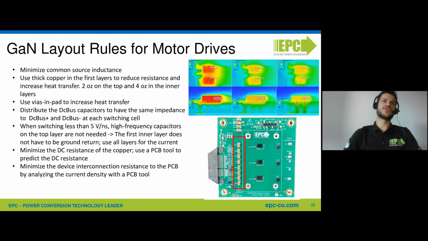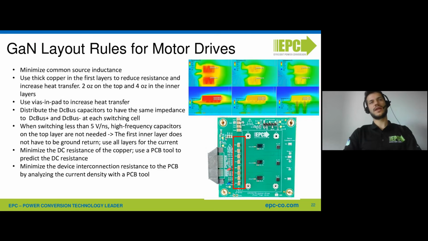Then in the case of the pure thermal side, the very first layers, especially the first three layers, are the most important in terms of heat transfer to the PCB, which is why it's important to use heavy copper layers. Due to the pad limitations, the top layer cannot go much beyond 2 ounce of copper, so 70 microns.